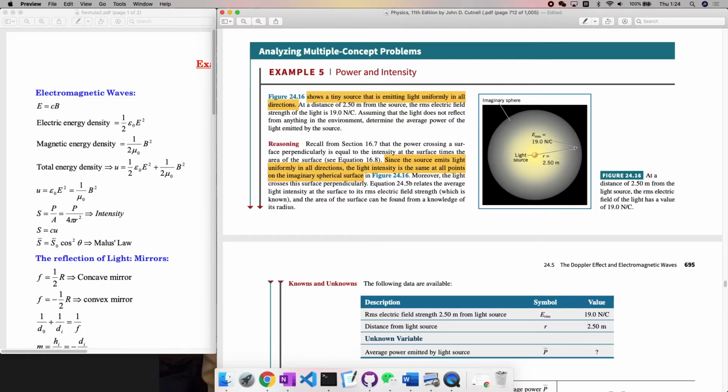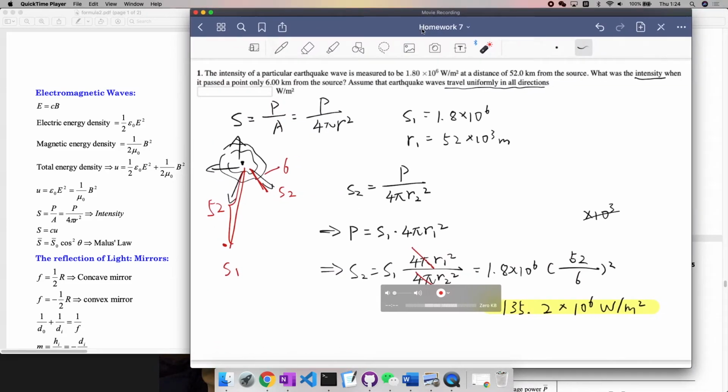Based on the questions we have, when you see keywords like "it travels uniformly in all directions," you know that it travels in all directions, so it is like a sphere, and you need to apply this formula.